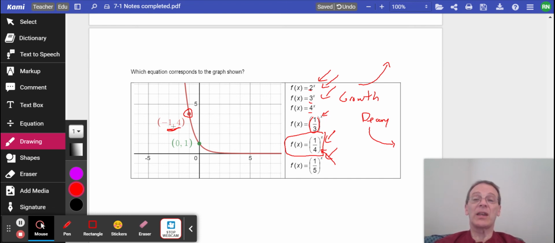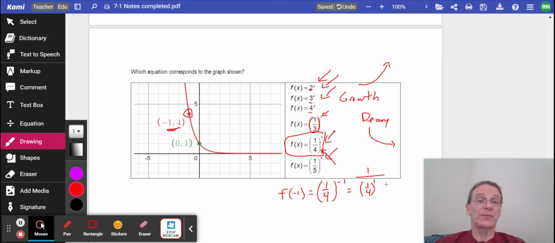Let's plug in -1 for x. f of -1 equals 1/4 to the -1 power. Now, what is 1/4 to the -1 power? Well, that's going to be equal to 1 over 1/4 to the positive first power. That's just basic rules of exponents.